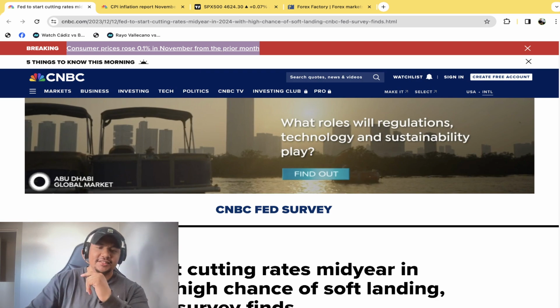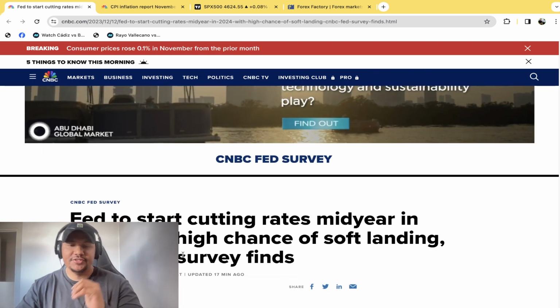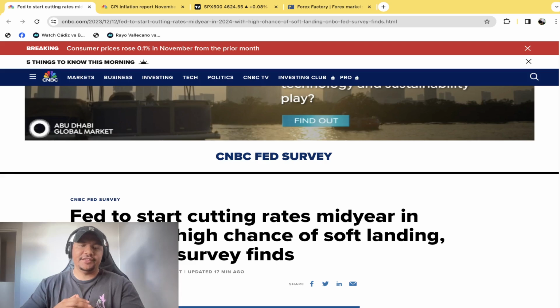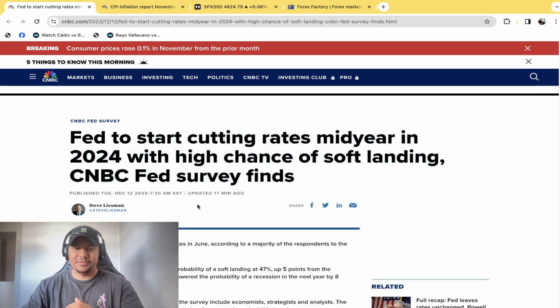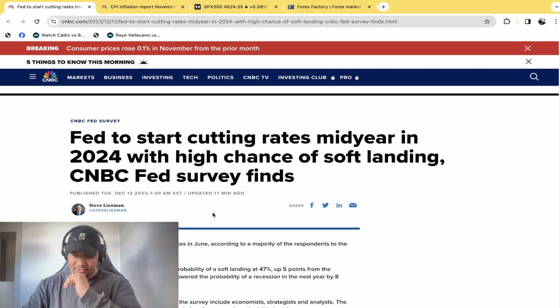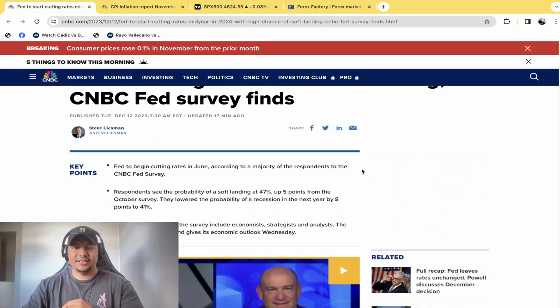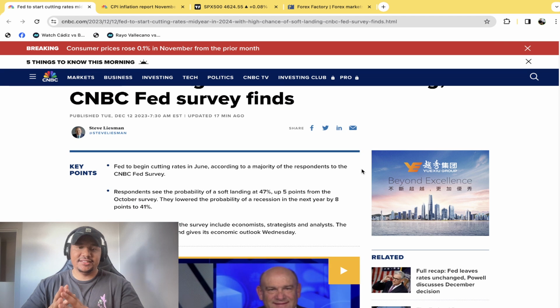So now that we understand that, let's go through this article from CNBC. It says here the Fed to start cutting rates mid-year in 2024 with a high chance of soft landing. You can see this article was published Tuesday, which is today, the 12th. It says here the Fed will begin to cut the interest rates in June, according to the majority of respondents to the CNBC Fed survey.